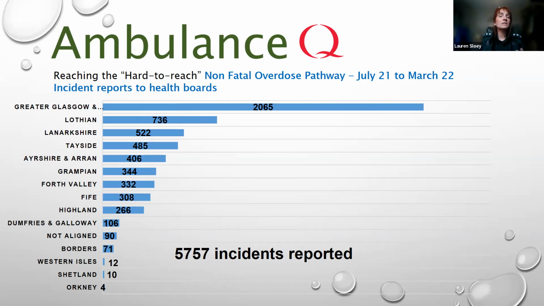And of the 5,757 incidents reported in this pathway between July 2021 and March 2022, that represents individuals who consented to the connection to services following an accidental illicit drug overdose. And this is showing us that people do want help. If they are asked about accessing help in the community, they are saying yes, and we just need to be able to approach them and have that access to that for them.